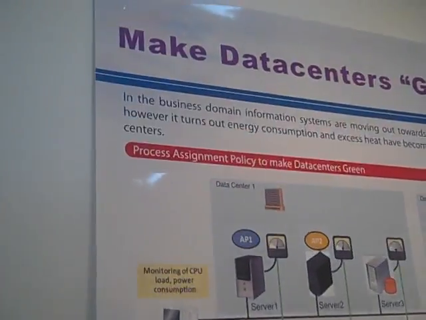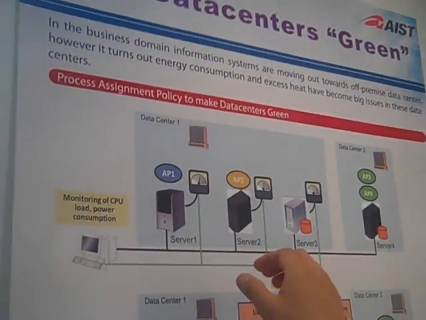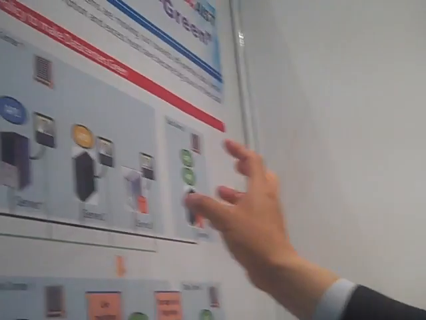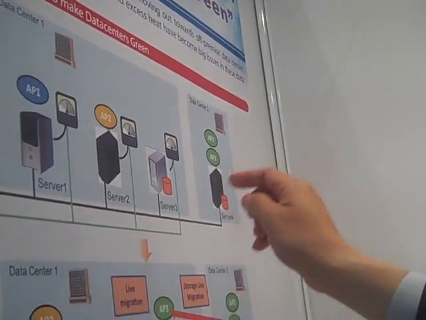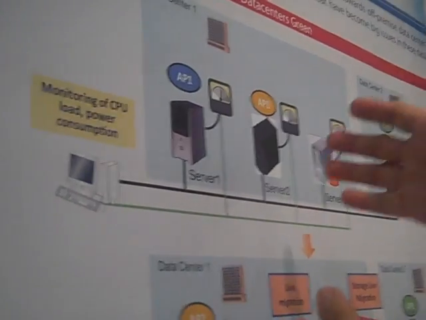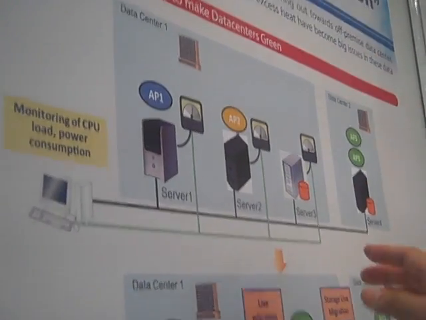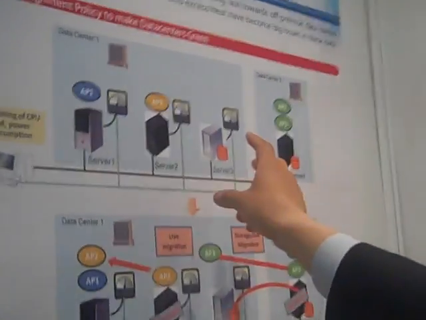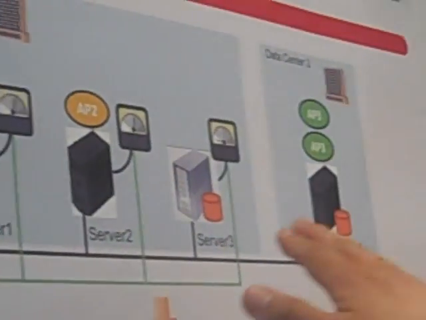The first is to find the servers which should be shut down, and then the processes can be migrated to other servers. So you find the server and move the processes to other servers. Then if the server becomes empty, you can shut it down.